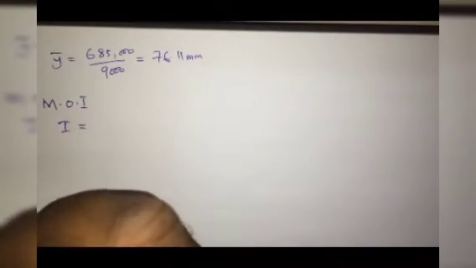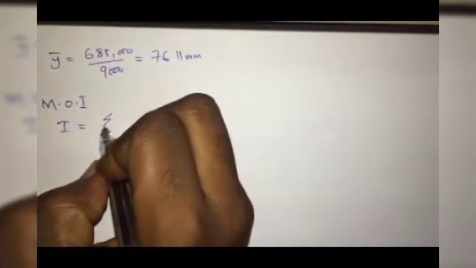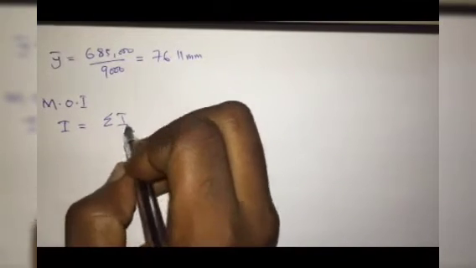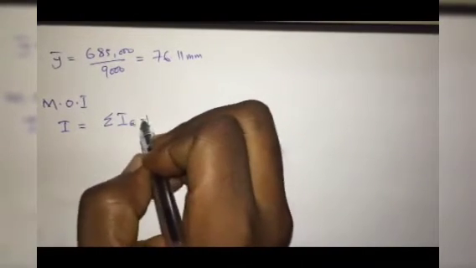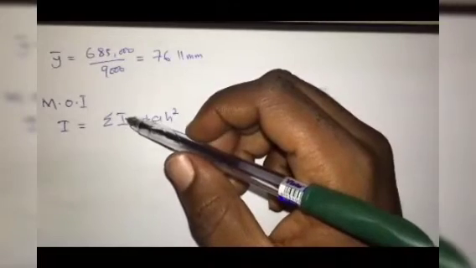The next step after getting the centroid is to calculate the moment of inertia. We are using the parallel axis theorem, so you need to first calculate the individual moment of inertia of each part of the section.